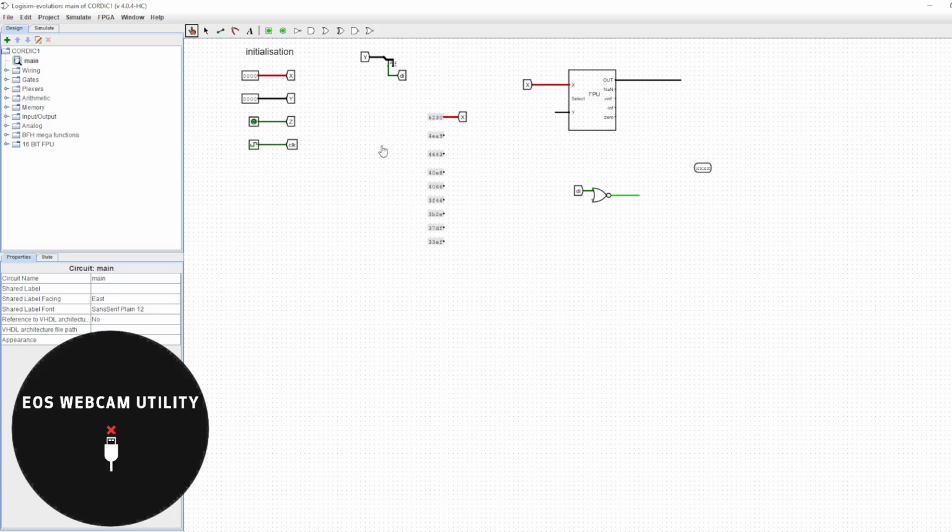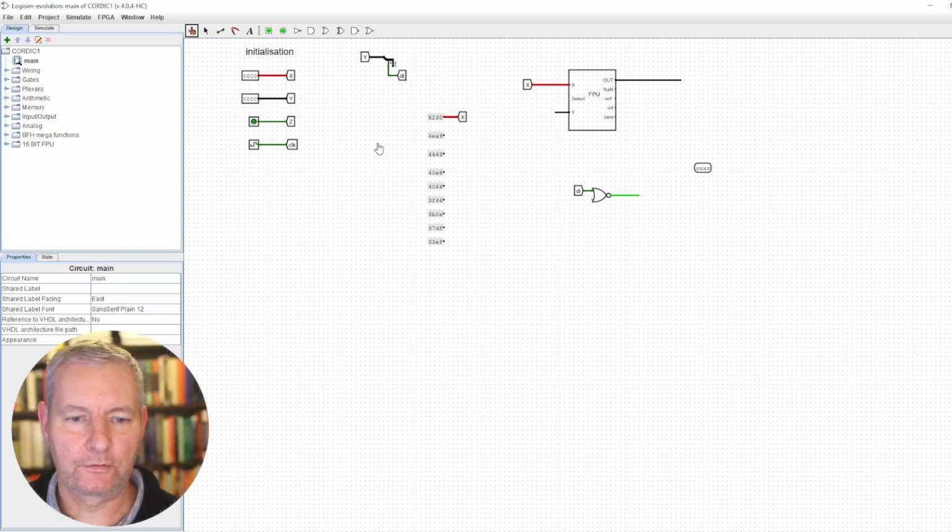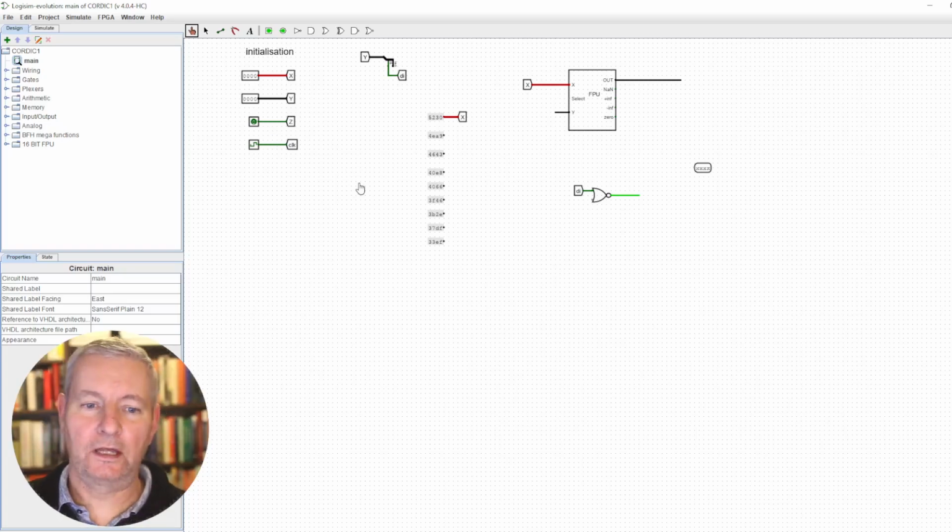I'll get my image back up again. I think there's something strange with the camera. It cuts out every so often. Every 10 or so minutes, the Canon camera cuts out, and I have to change one of the settings in it. I've got some of the numbers that we require here, and we're going to start off with an initialization. So there's very little built, but I'm starting to put it together just now.